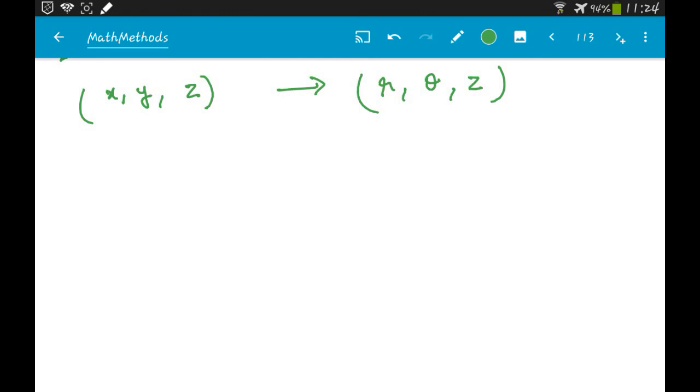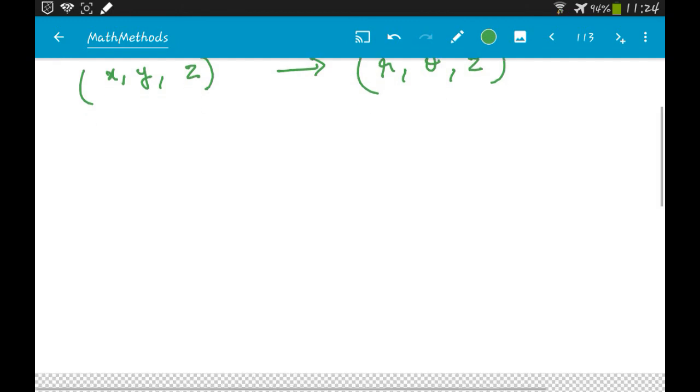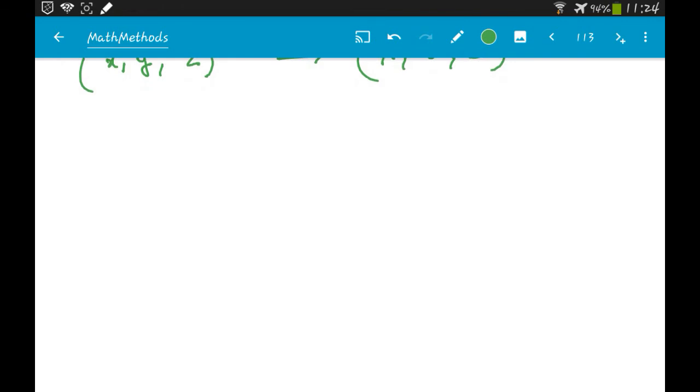So how will we represent it? Let's look at it. Let me draw it because I'm not very good at drawing.